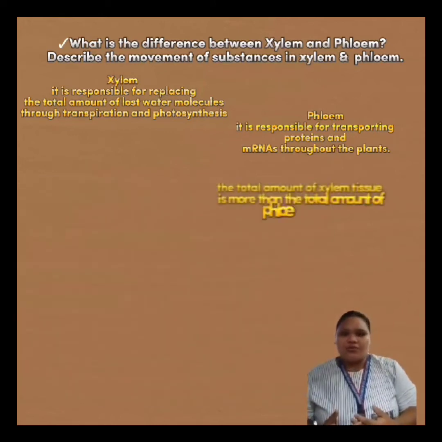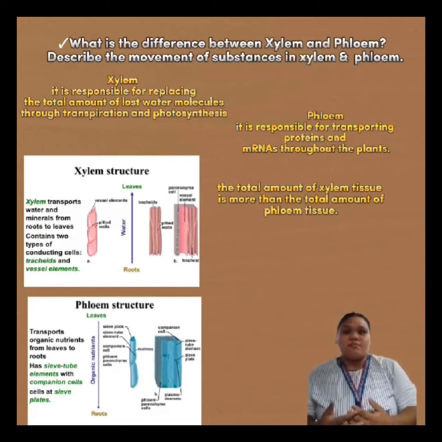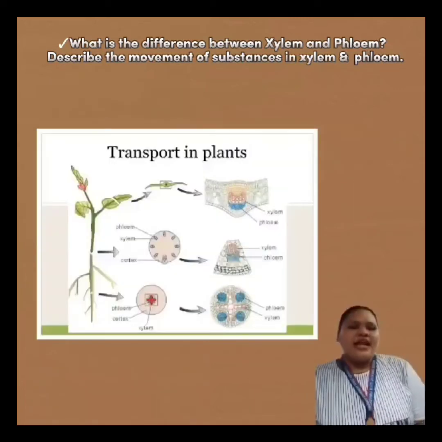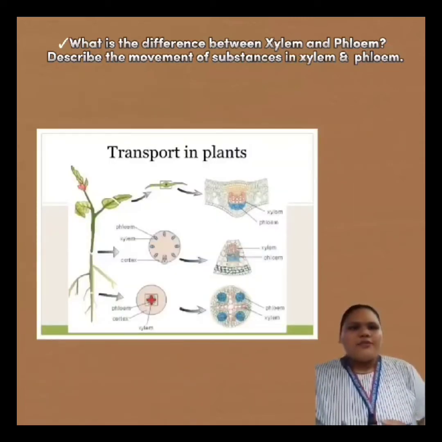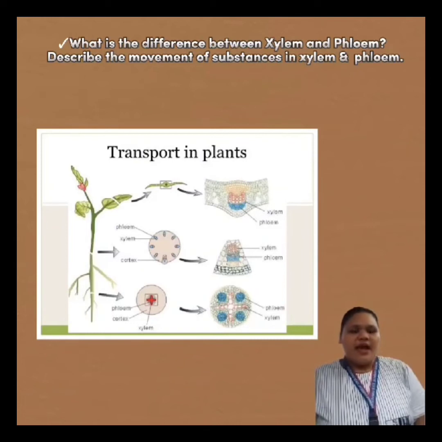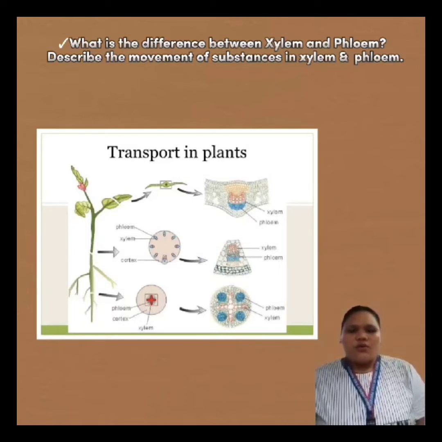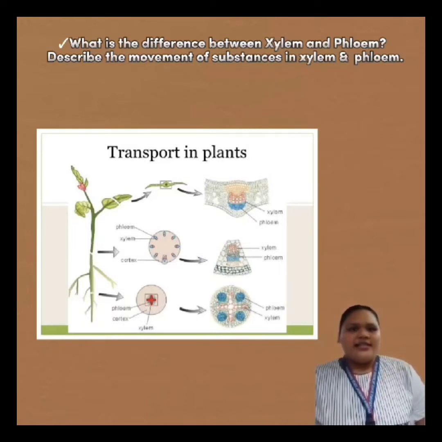The total amount of xylem tissue is more than the total amount of phloem tissue. Xylem is present in roots, stem, and leaves, while phloem is present in stems and leaves, which later transport to roots, fruits, and seeds.